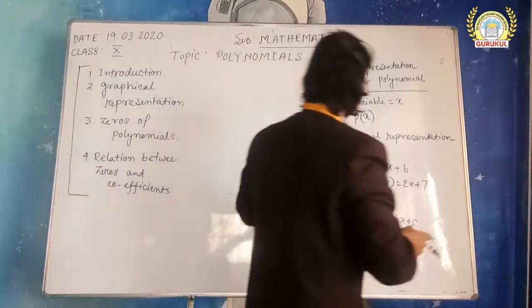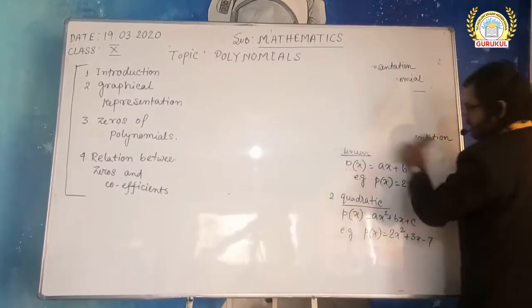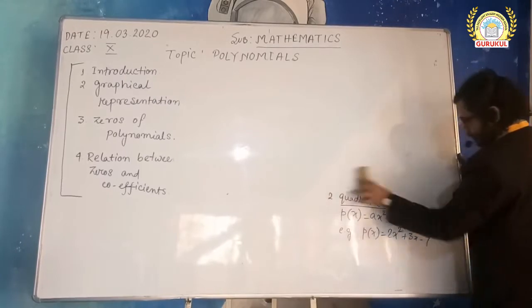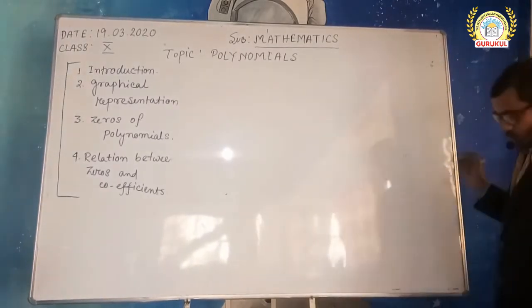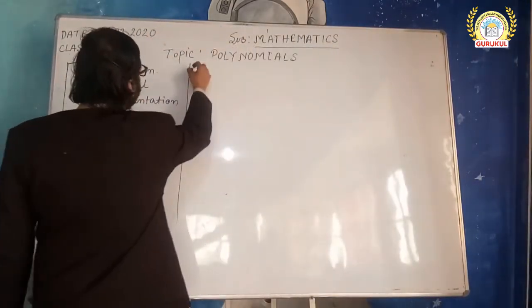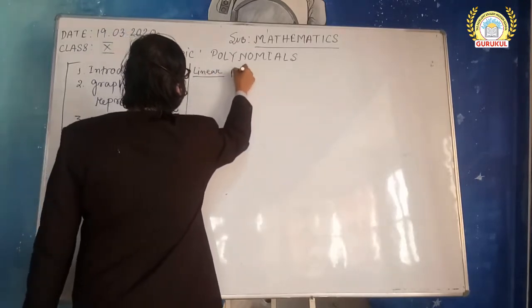First, if I represent these polynomials on a graph paper, then what will happen? That we need to know. So first we are going to discuss the linear polynomial.